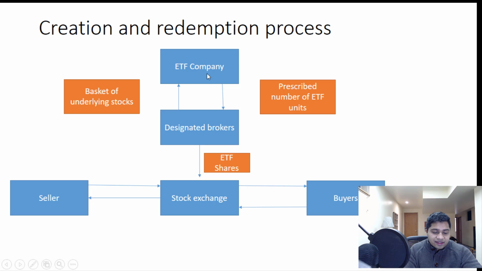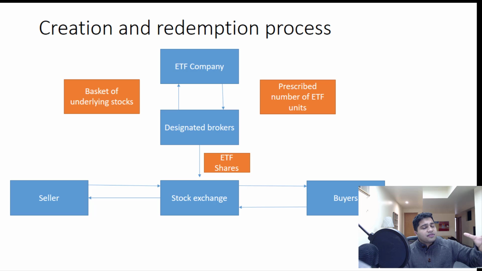So for example, let's say we have decided that initially 10,000 units correspond to 500,000 shares of S&P 500 companies, right? So whatever S&P 500 index is there, or let's say TSX 60. So there are 60 companies in TSX.